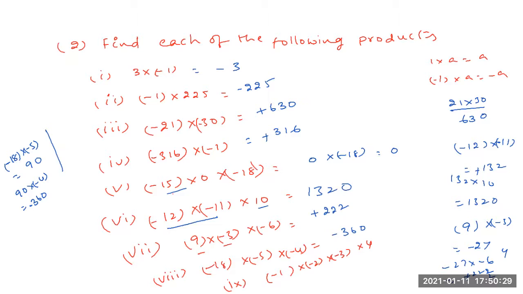Okay. So minus 1 into minus 2 is plus 2. 2 into minus 3 is minus 6, into 4. Minus 6 into 4 is minus 24. Here negative into positive becomes negative.